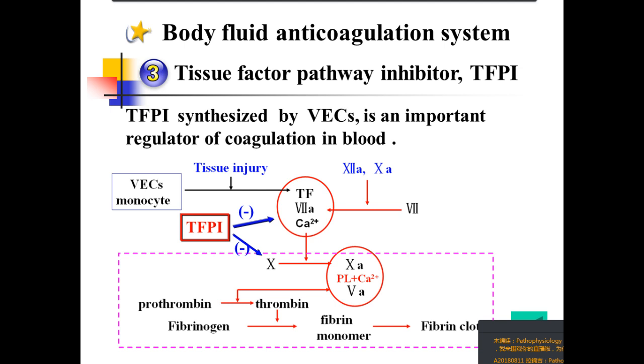The cellular anticoagulation system refers to the mononuclear phagocyte system. The body fluid anticoagulation system includes three: serine protease inhibitor, the protein C system, and tissue factor pathway inhibitor, TFPI. The protein C system also includes three: protein C, protein S, and Tm. Understand? That is the anticoagulation system.